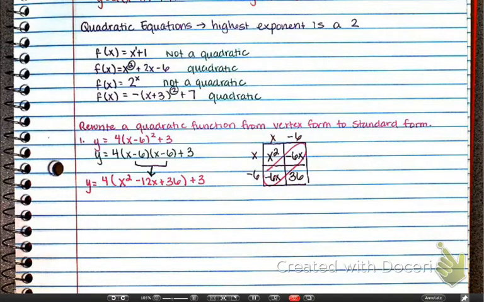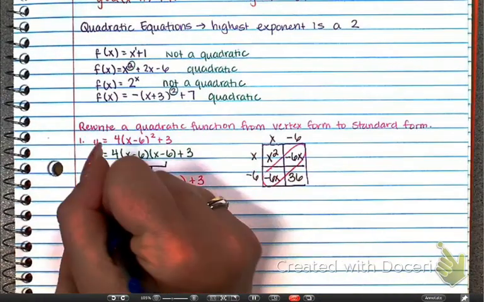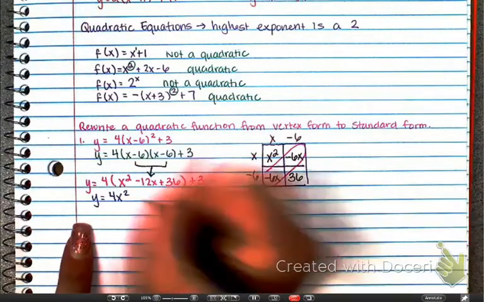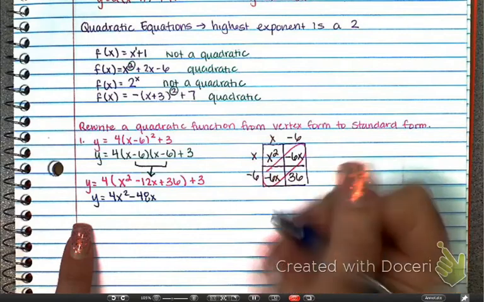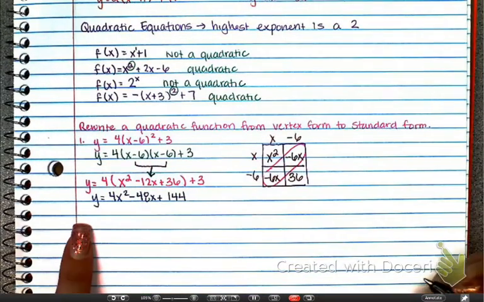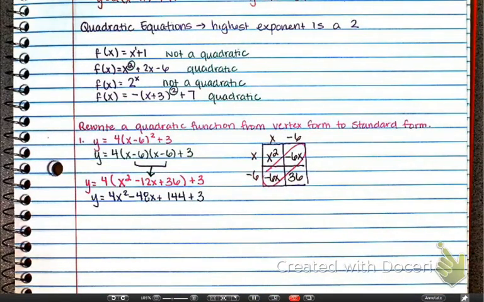Distribute the 4. You are now allowed to distribute the 4 because there's no exponent. So if I distribute the 4, I have 4x squared minus 48x plus 144 plus that 3 on the outside.